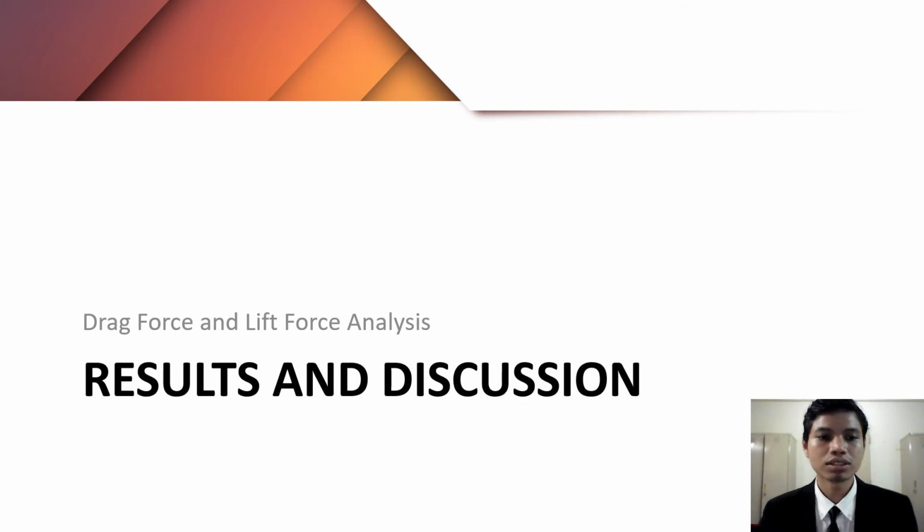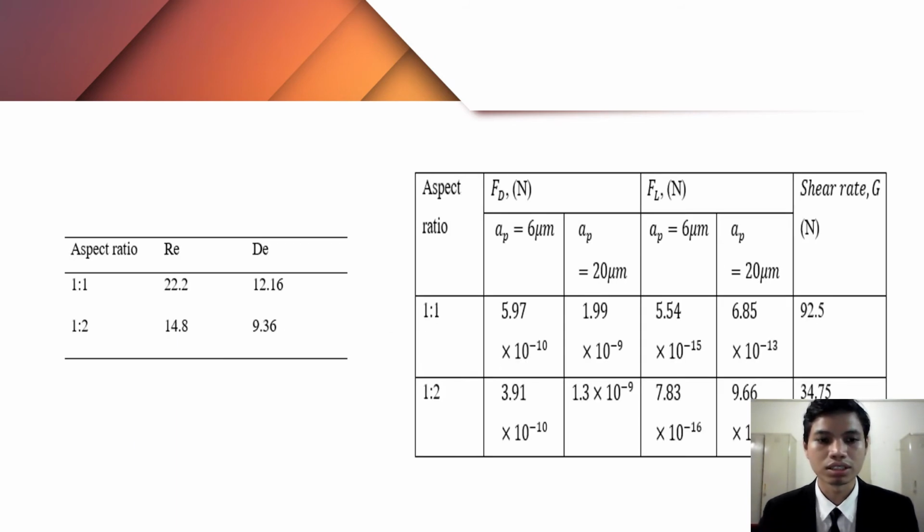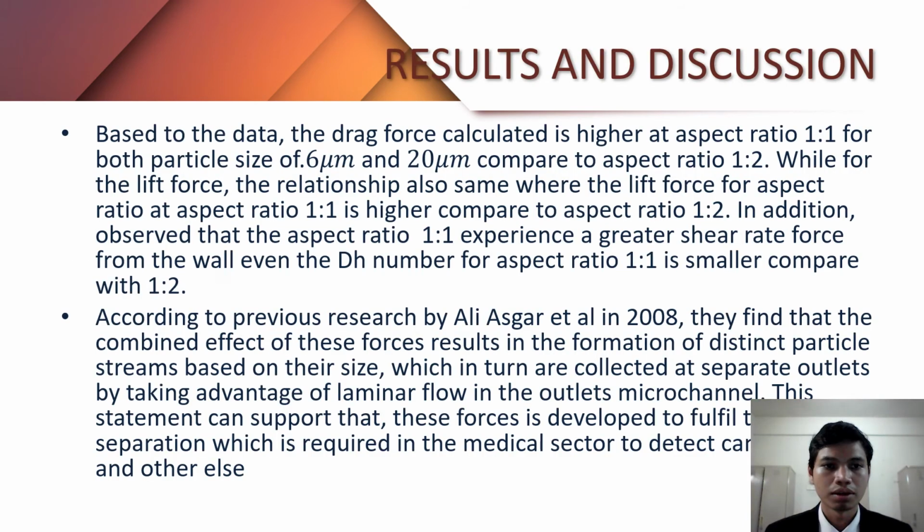Finally, I will discuss my result and discussion on drag force and lift force analysis. Here is the result for Reynolds number and Dean number and my calculation done for drag force and lift force. Based on the data, the drag force calculated is higher at aspect ratio 1:1 for both particle sizes of 6 micrometer and 20 micrometer compared to aspect ratio 1:2.